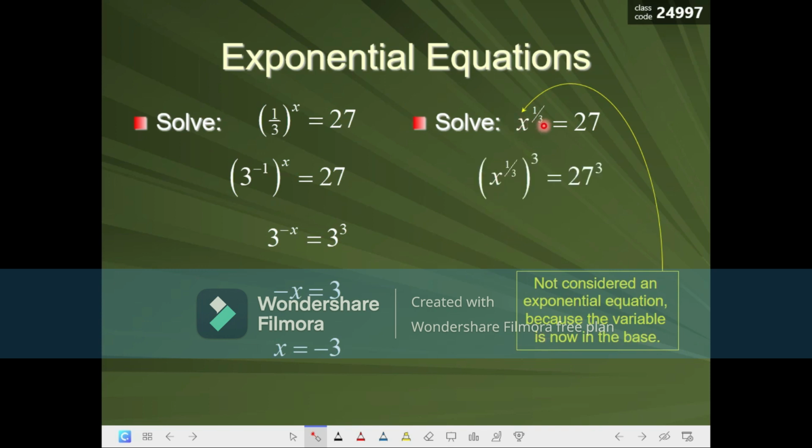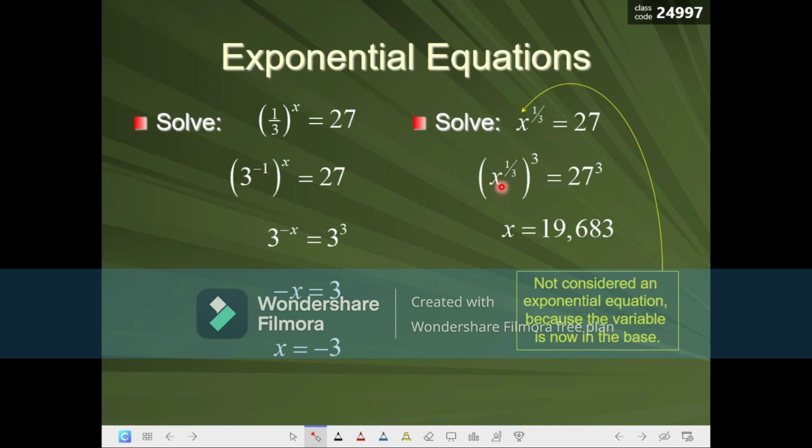So if you have something like this, how are you going to solve the value of x? If x to the power of 1/3, all we have to do is to make the exponent equivalent to 1. So if it is 1/3, we need to raise to the power of 3 both sides of the equation. Since it is 1/3, we'll multiply it by 3. So that becomes 1. And if we raise this to the power of 3, we're also going to raise to the power of 3 on this side, since it is an equation.